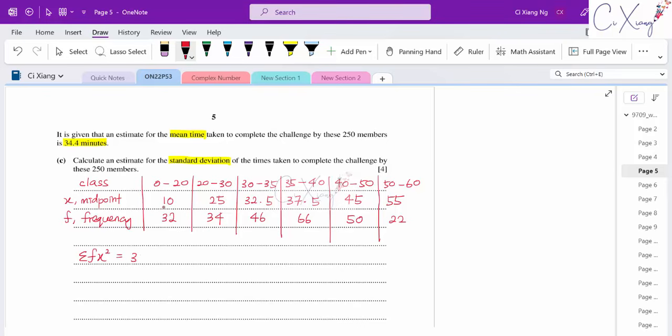That means I take the frequency, multiply it with the value of x, which is the midpoint, and I square the midpoint first. So square the midpoint, then multiply with the frequency. If you figure out the summation of fx squared, basically it will be something like this.